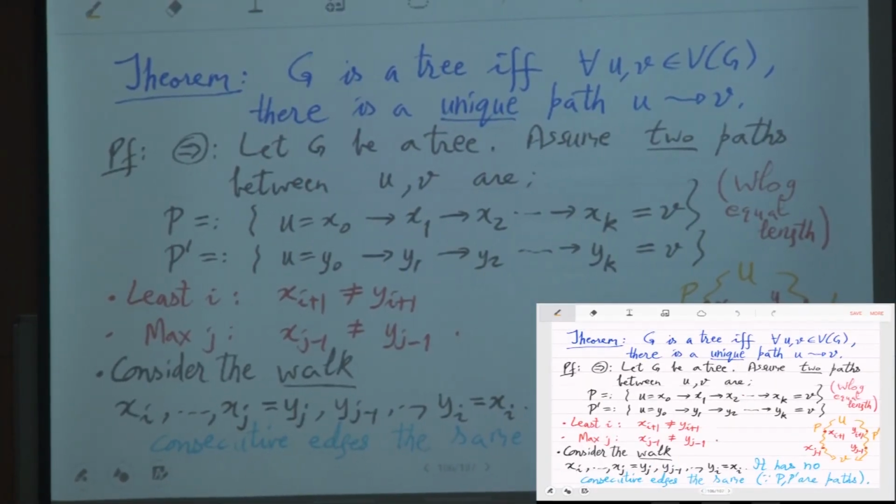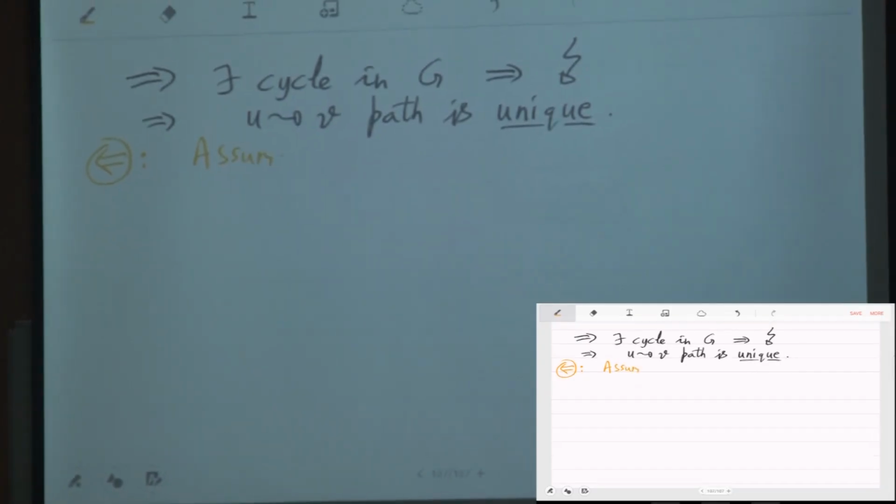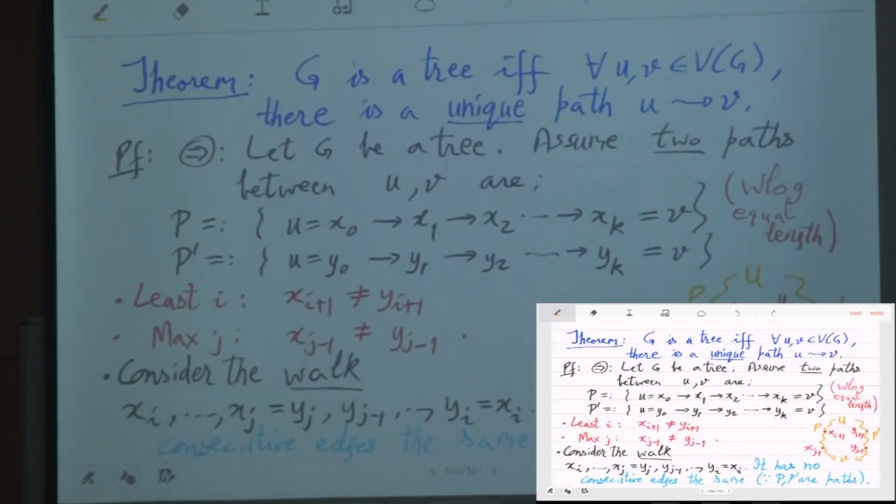So assume that for all u, v the path is unique. And from this you want to deduce what? That G is a tree, which means that G has to be connected.